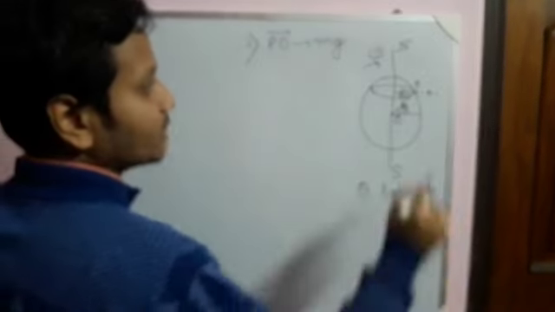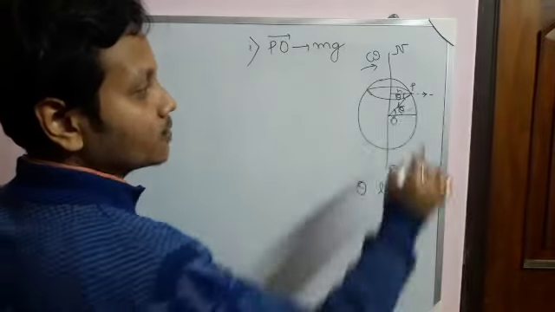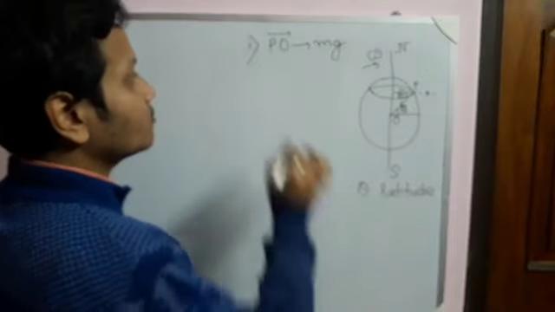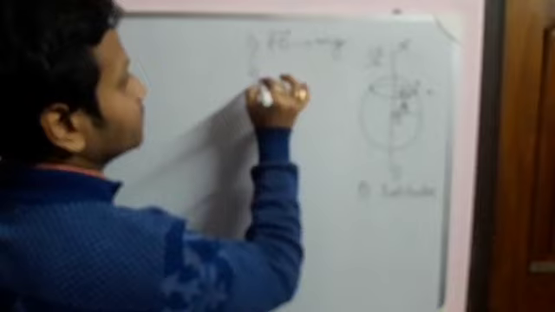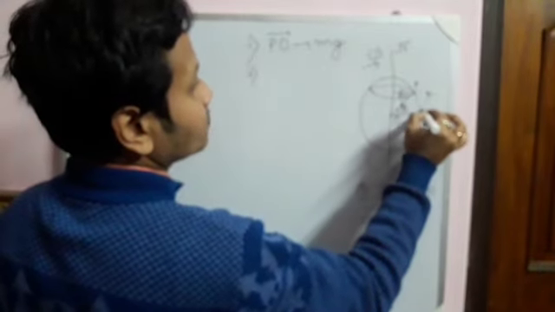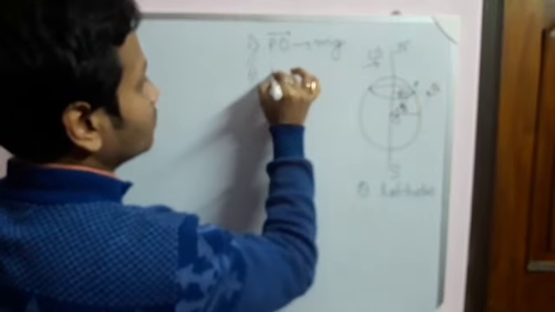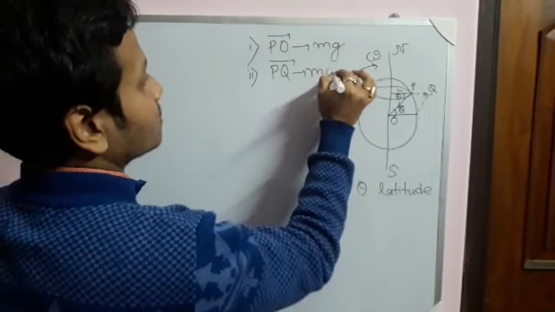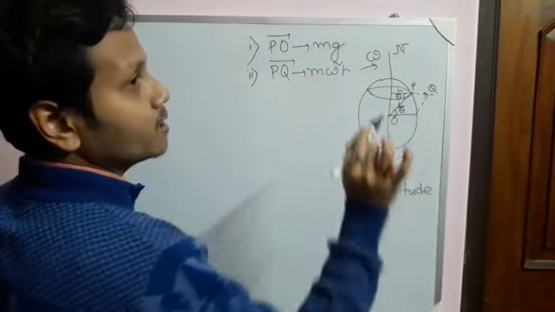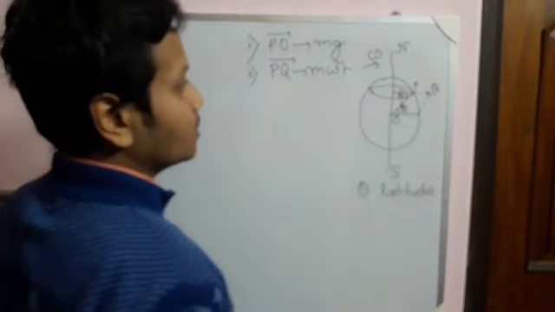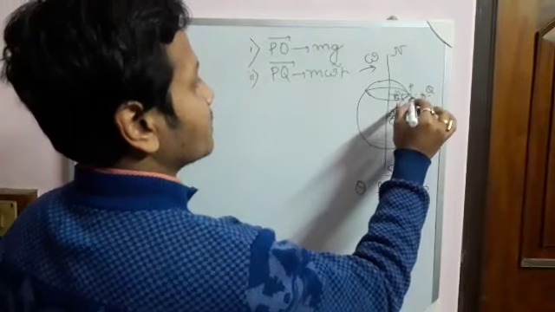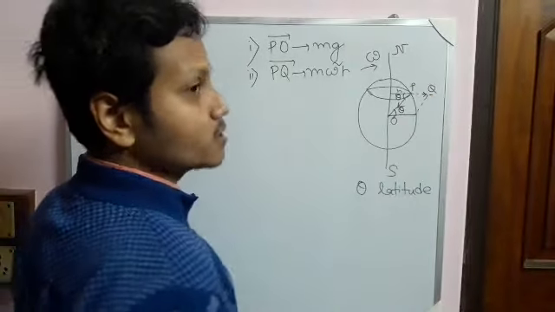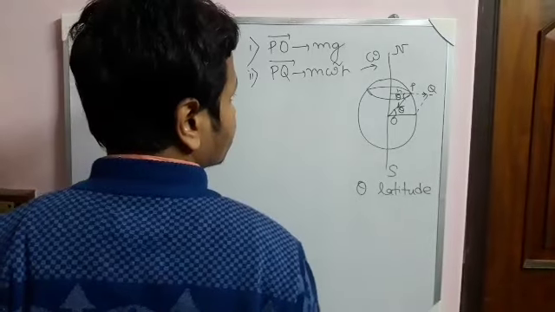And what is that force? The centrifugal force for circular motion, which acts along PQ. This centrifugal force will be m omega square r, or simply mv square by r. So these are the two forces acting at point P, and you must remember that the two forces are opposite.